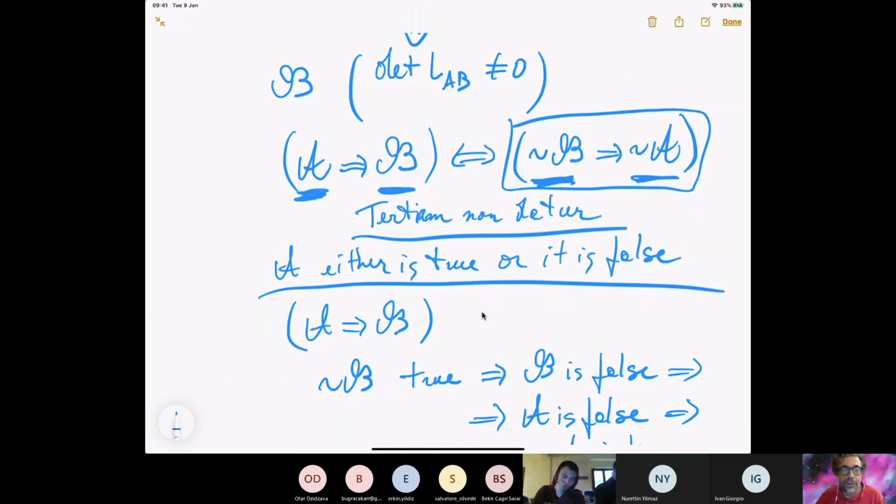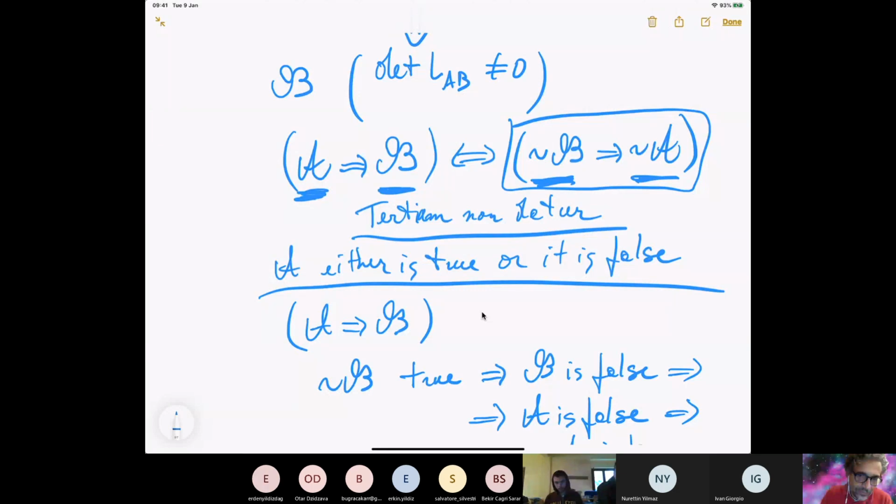If I tell you tomorrow it will rain or it will not rain, this statement is always true. So this is useless. But I can also tell you something which is neither true nor false, or every twisted combination of these things.